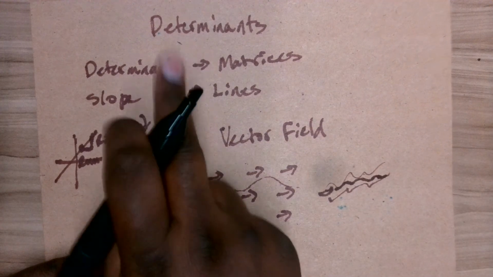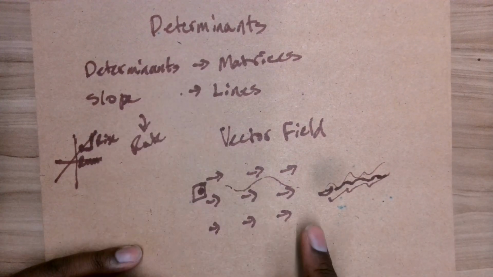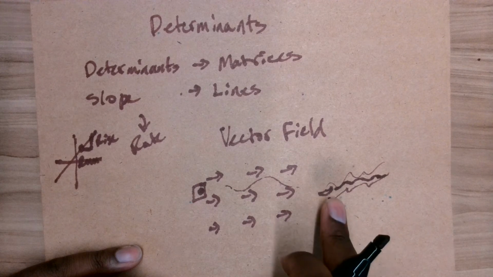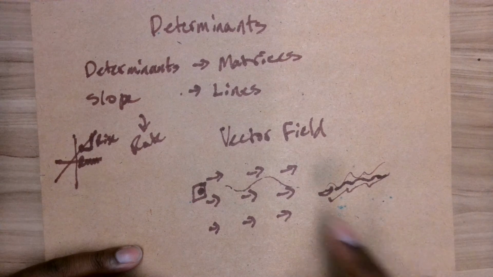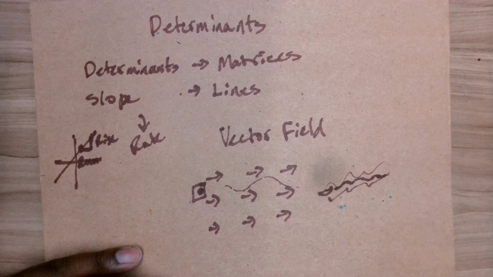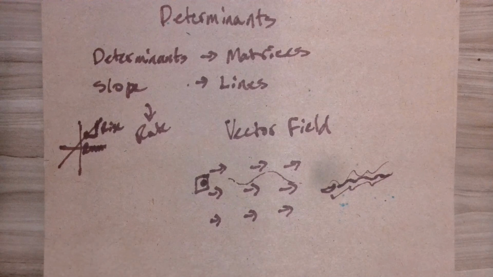So your determinant basically calculates the rate at which you are being pulled by the flow of the river. We will get to vectors and vector fields later, well, maybe not vector fields, but that's what it does. It's not arbitrary. It's not pulled out of thin air. It actually has some kind of important meaning.